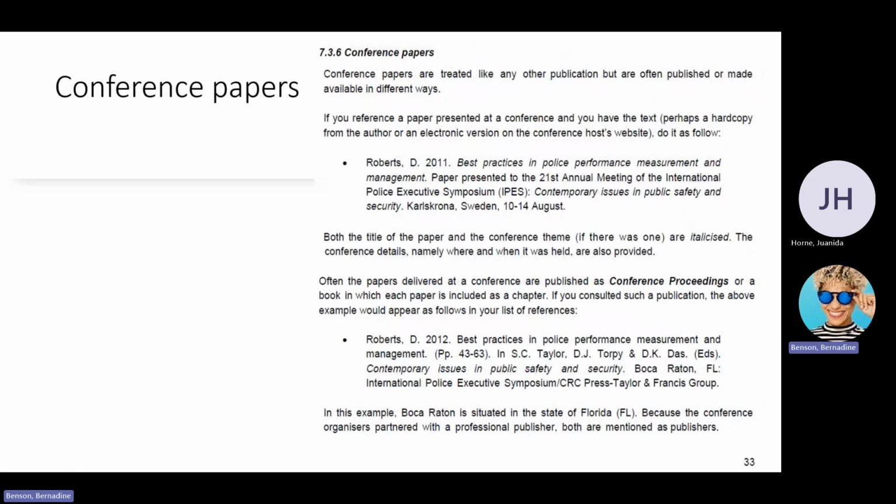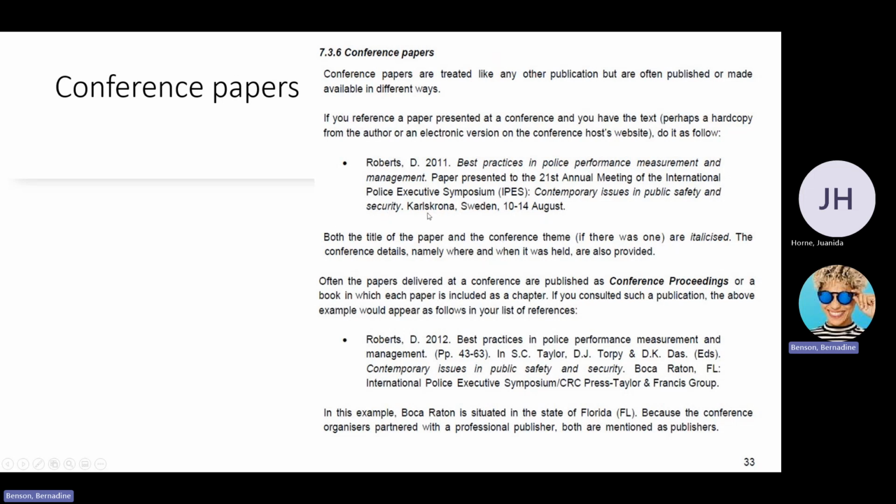Another source is conference papers. This is when people present conference papers at conferences, and then it's either just a conference paper or a conference proceeding. There are two different formats here. This is just a conference paper. So you will see the title of the paper as well as the name of the conference is in italics.